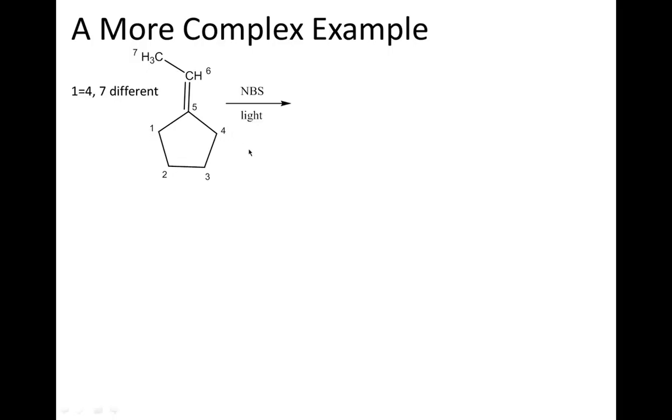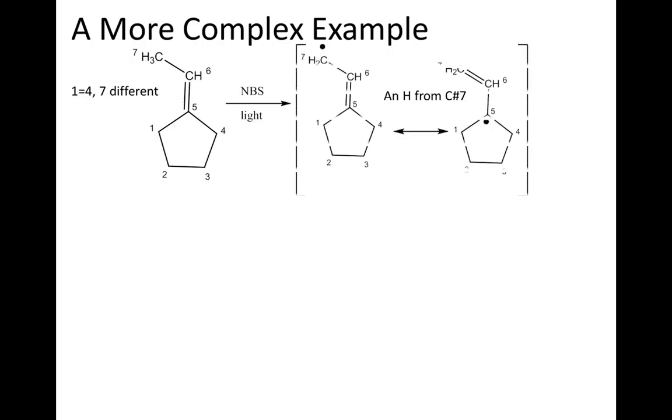Alright, so let's start looking at where we might have a picture. So let's say we just start up here and we take a hydrogen off of there and we'll draw that. Okay, so we would have a radical here. Remember, you just flip down to the other end of the 3-atom sequence. So this is the radical from that. So what products are you going to get? We can either put the bromine on carbon number 5 or on number 7.